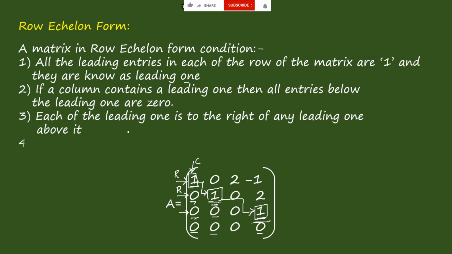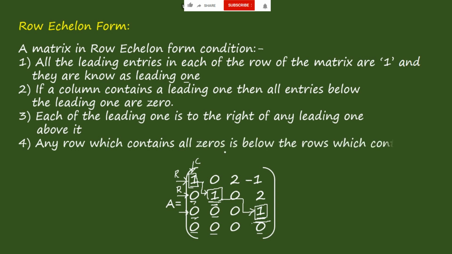Coming to the fourth one: any row which contains all zeros is below the rows which contain non-zero entries. If you consider these rows, this is row 1, this is row 2, this is row 3, and row 4 has all zeros.